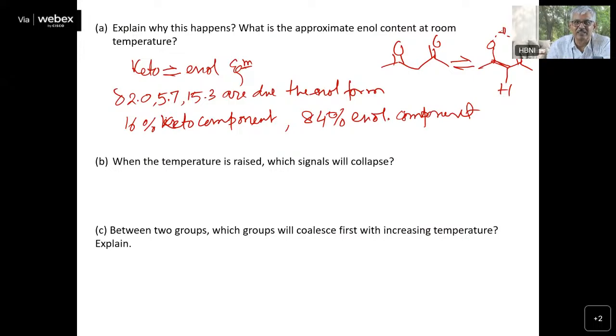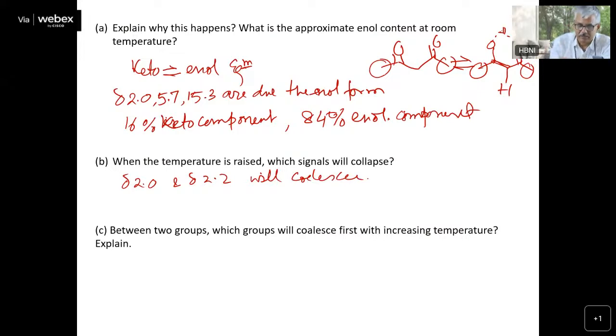When the temperature is raised, which signals will collapse? You can see that these methyl groups will become equivalent. You see their chemical shifts: delta at 2.0 and delta 2.2 will coalesce.